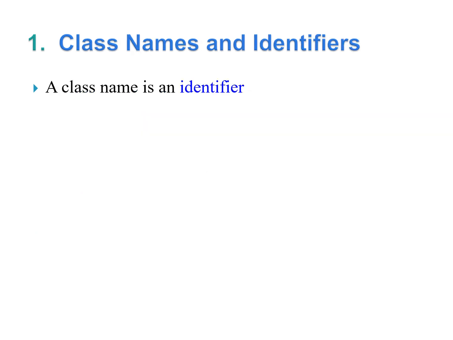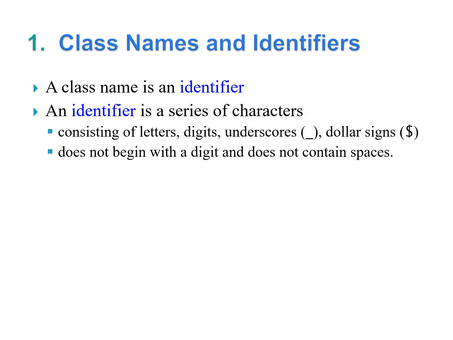A class name is an identifier. In Java, an identifier is a series of characters that consist of letters, digits, underscores, and the dollar sign. It cannot contain any other characters. And an identifier cannot begin with a digit and cannot contain spaces.